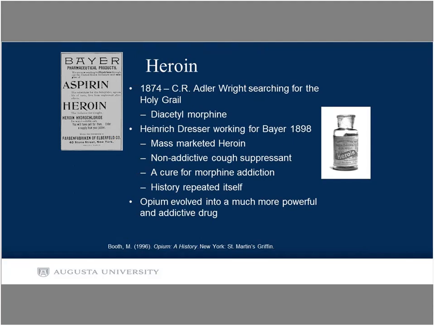Heroin was first discovered in 1874 by C.R. Adler Wright as he was looking for the Holy Grail for pain relief. It was actually manufactured and marketed by Bayer at the time as a non-addictive cough suppressant, and ironically as a cure for morphine addiction.